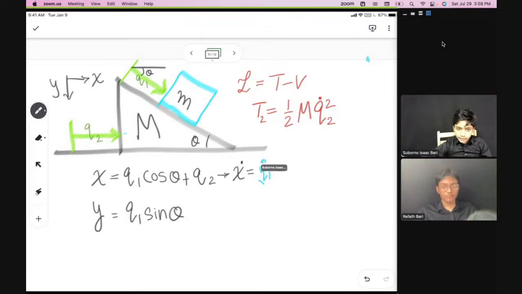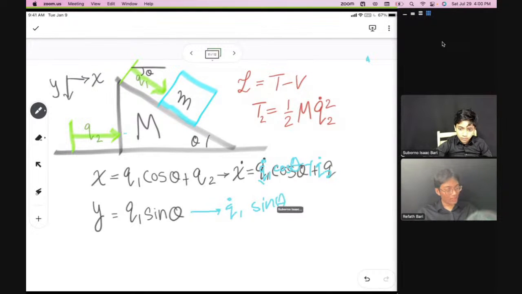So would it not be Q1 dot cosine theta plus Q2 dot? Absolutely, that's perfect. You literally couldn't have written out a better answer, because anything else you would have written would have been wrong. So you wrote Q1 dot cosine theta. Please erase what you wrote on the top so I can write over it.